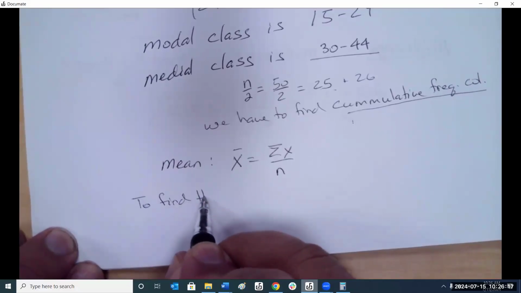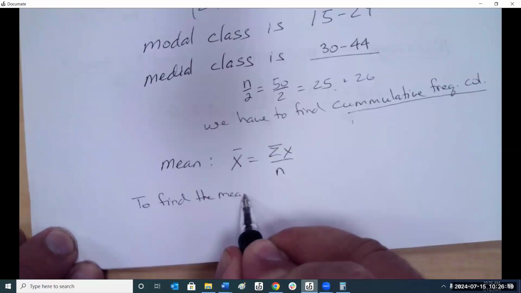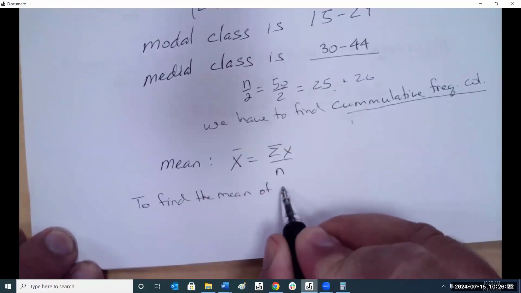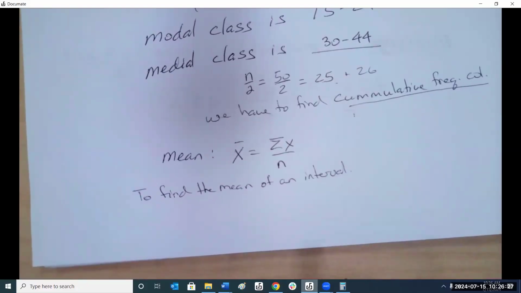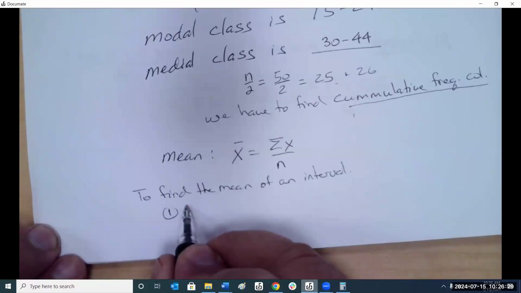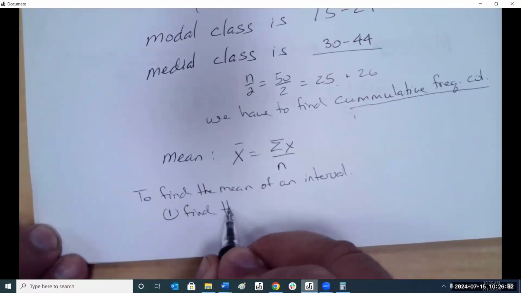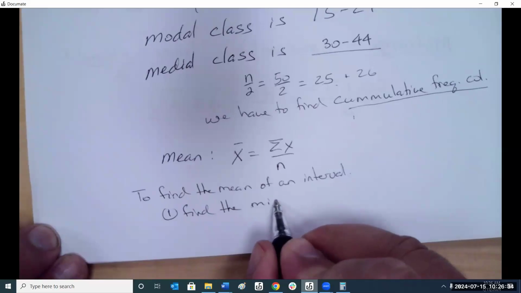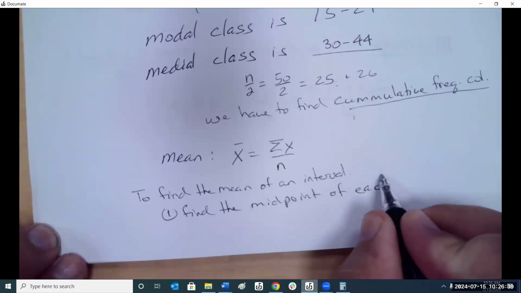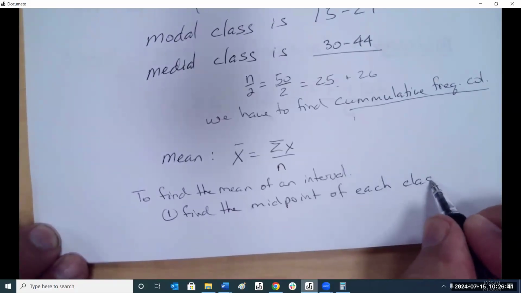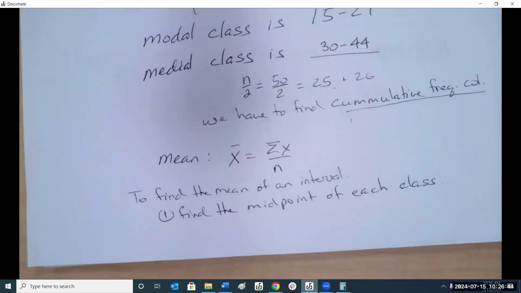To find the mean of an interval, we have to first find the midpoint of each class, because we need to have one number that represents that set.